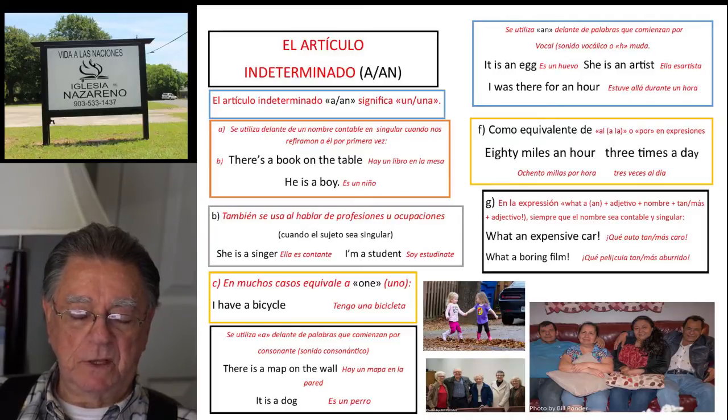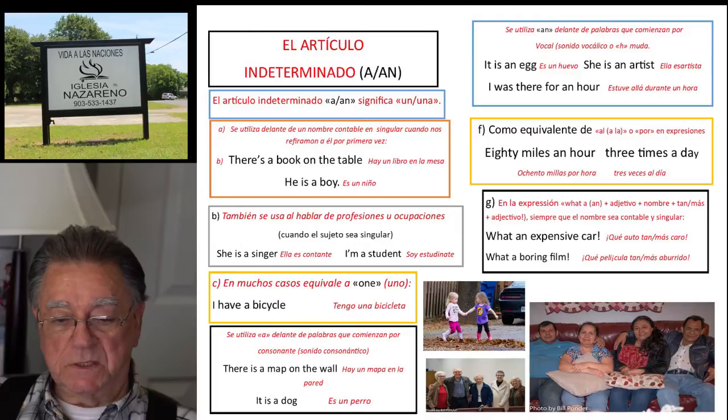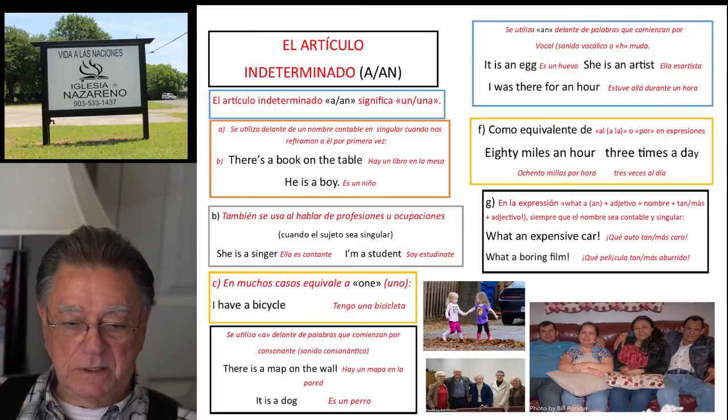I have a wife. And I'm not telling you which one is my wife, or this is the wife, like there's only one, everybody knows who she is. I have a bicycle. I have a wife. Okay. Tengo una bicicleta. I have a bicycle.